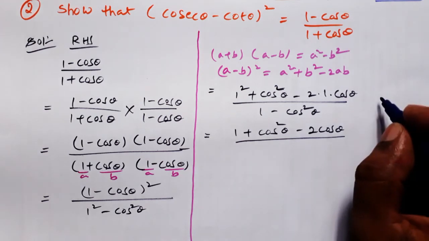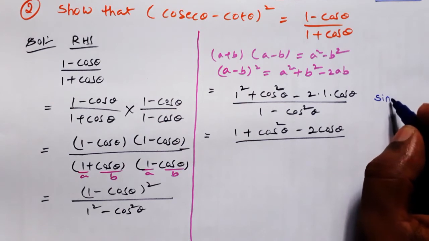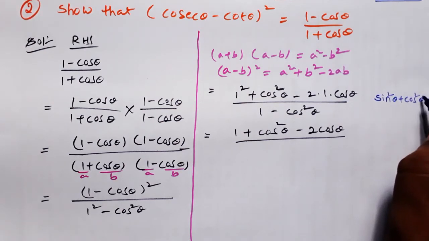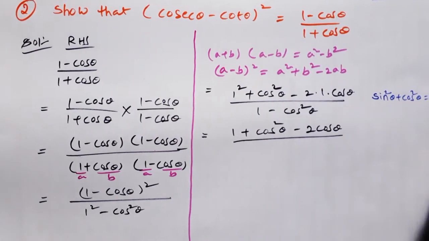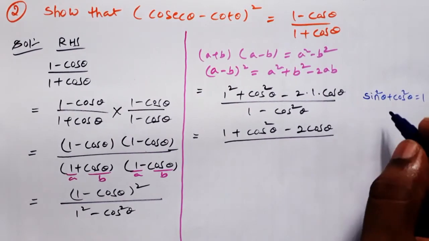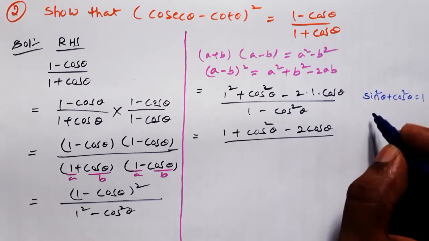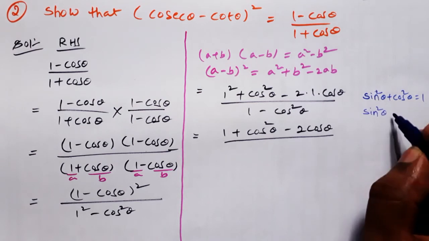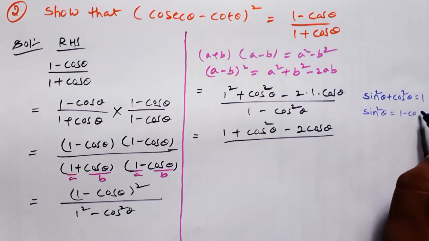Observe this, sin square theta plus cos square theta equals to 1. This we know. From this we find out sin square theta equals to 1 minus cos square theta.